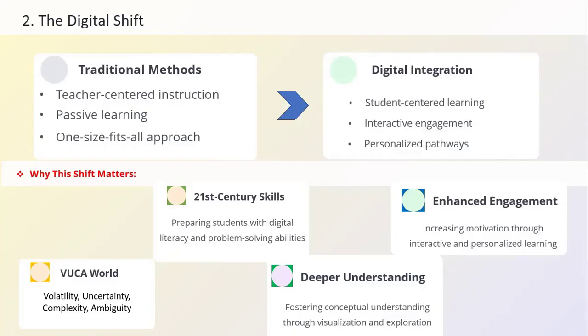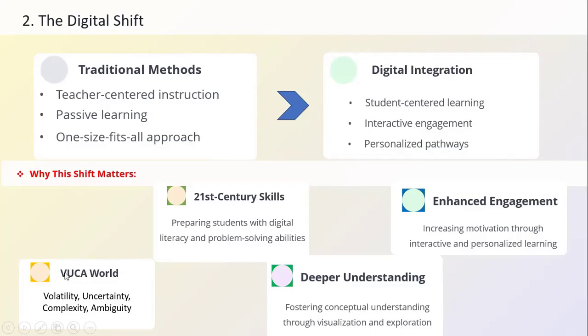And one more important thing, here is the question, why this shift matters. So why this shift matters? If we look at the VUCA world, does anyone know about the VUCA world?